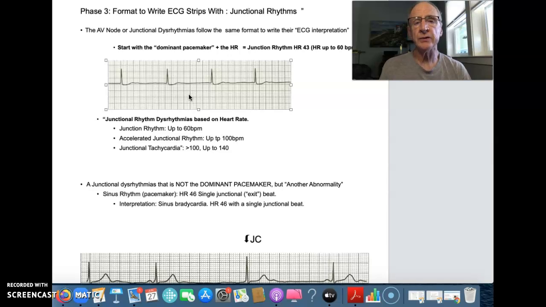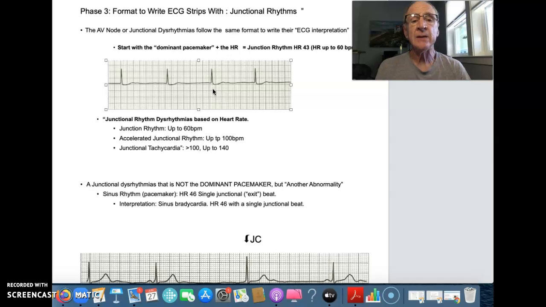Junctional dysrhythmias are broken down into different categories based on how fast the heart's beating. If you have a junctional pacemaker and the rhythm is below 60 beats per minute, which our rhythm in this case is, it's only 43, we call that a junctional rhythm.